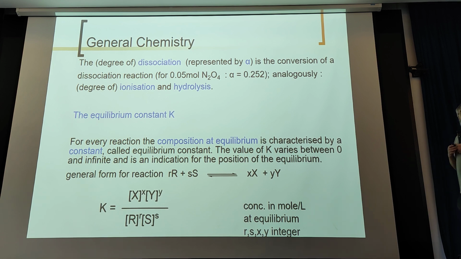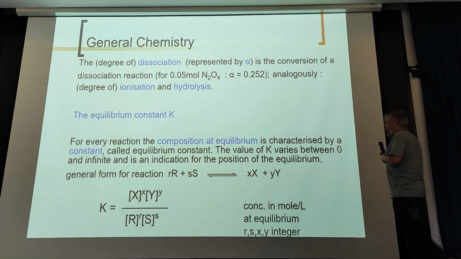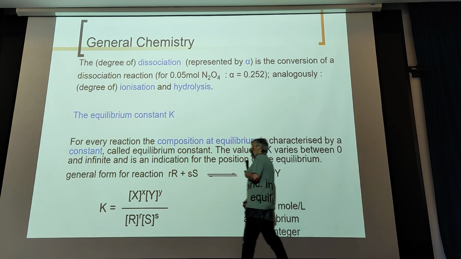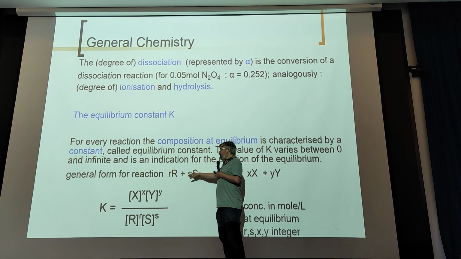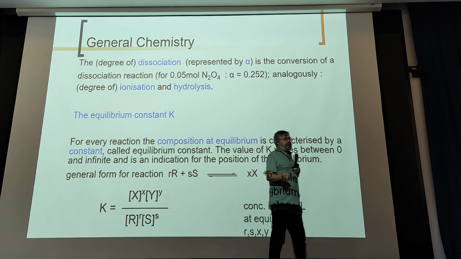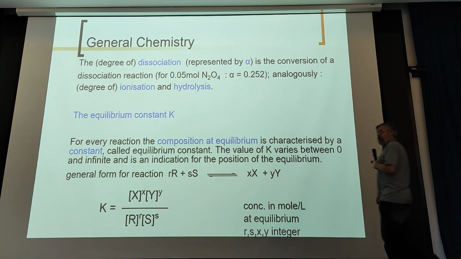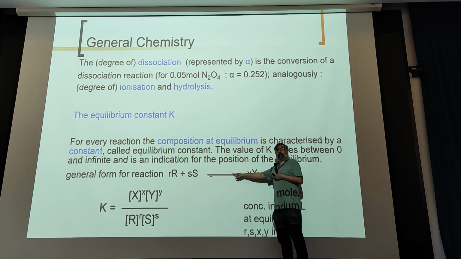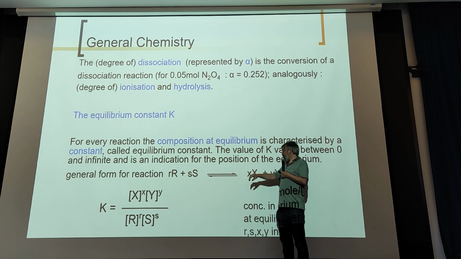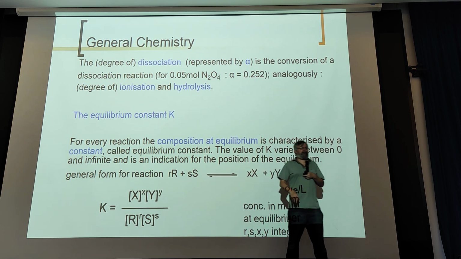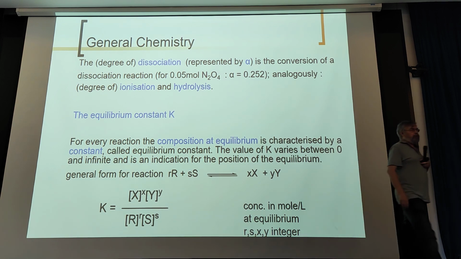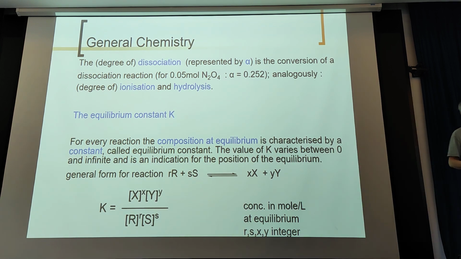It's actually something that you can get from the reaction equation. In a typical reaction equation, you have two reactants, R and S. They have coefficients, small r, small s. They are in equilibrium, and we use this kind of arrow to show that it's in equilibrium. They're in equilibrium with two products, X and Y. X has a coefficient x, Y has a coefficient y.